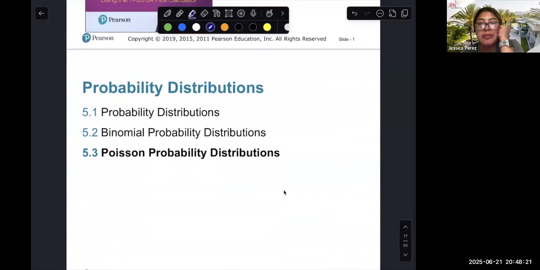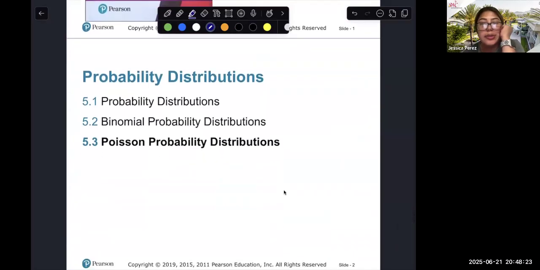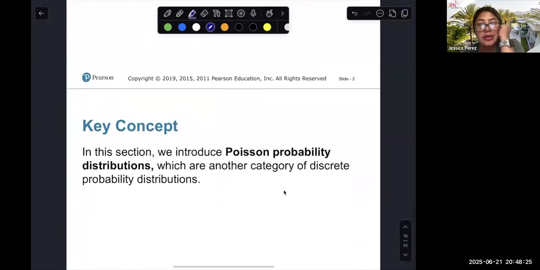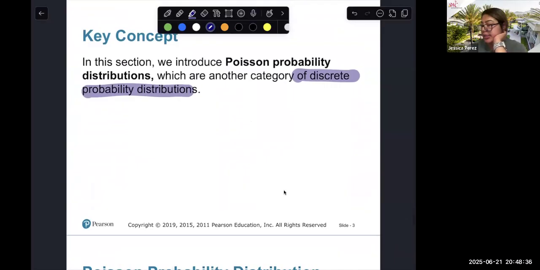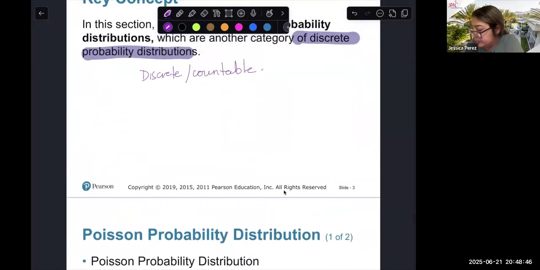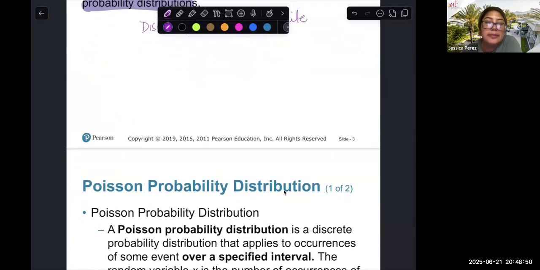Let's go over 5.3, Poisson's probability distribution. Poisson's probability distribution is another category of a discrete probability distribution. Remember, discrete is something that's countable or finite, something that will end eventually.